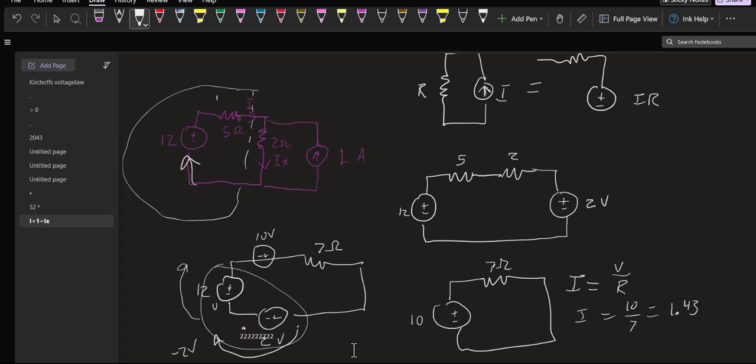Once I know that this is 1.43, I know I have 1.43 coming in, and I have 1 coming in, so going out, Ix has to be 2.43. So that's the same circuit looked at in many different ways. And so now I can tell you that I'm quite certain that those are the correct answers.